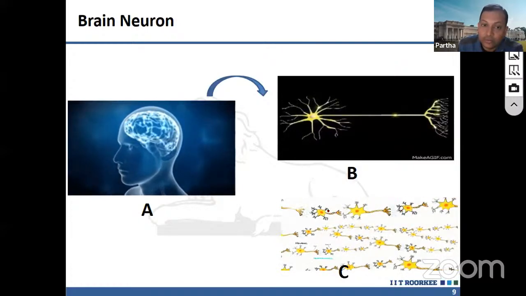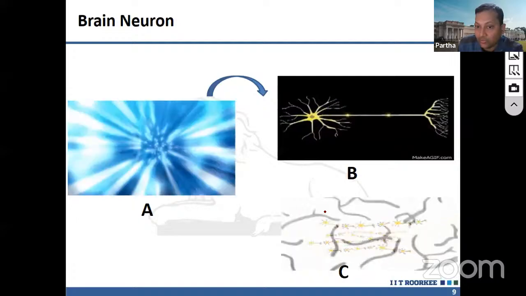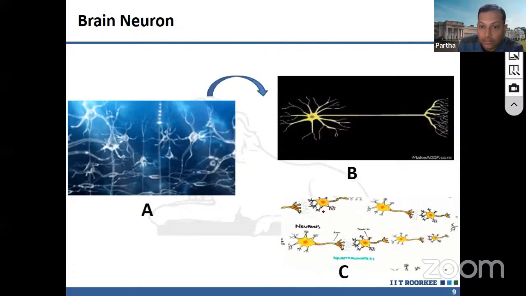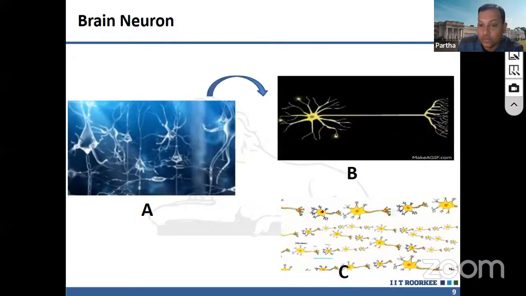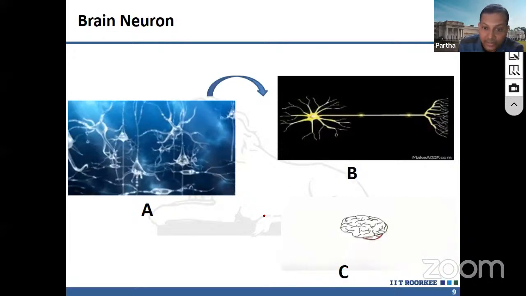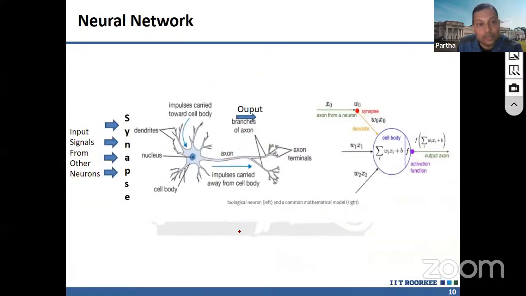They are distributing the work one after another, and finally the result is passed to the actual place.